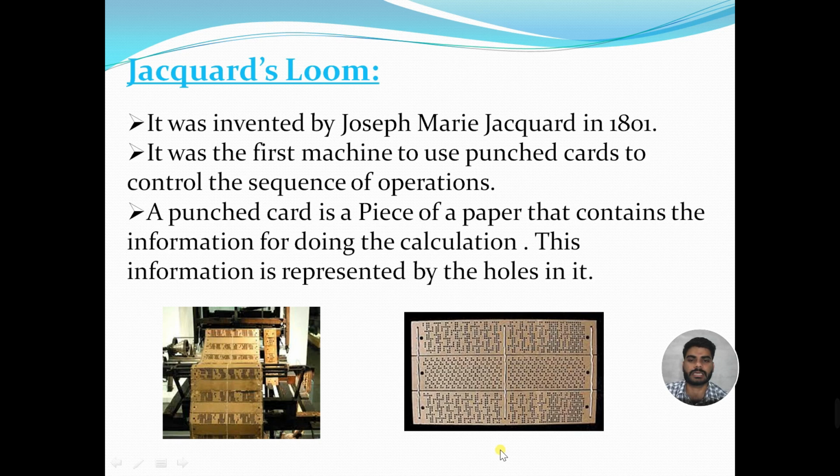Students, here we can see a punched card at the right of the page. This is a punched card. It is a piece of paper that contains lots of holes in it.